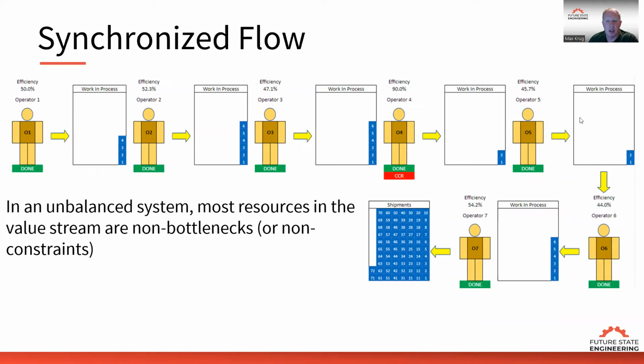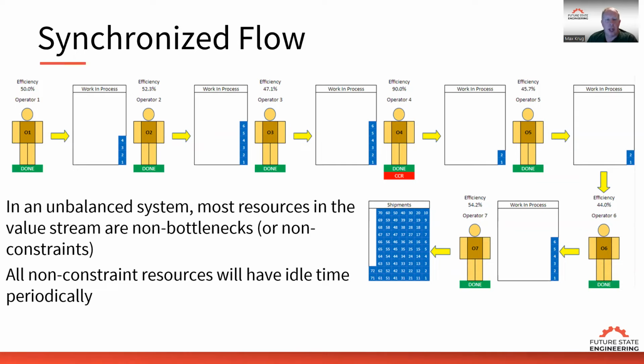And by definition, all of the other resources have extra capacity or protective capacity. So that means that those resources that have extra capacity are going to have idle time periodically. So what do we do with that idle time? How can we leverage that?